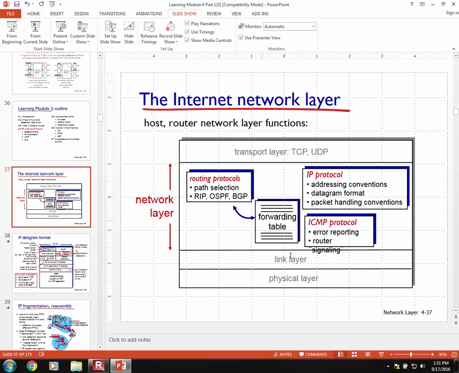There's forwarding, so forwarding tables are built by decisions a router makes as a result of these routing protocols. You also have the IP protocol, which is the addressing that allows communication throughout the network to occur. And you also have the ICMP protocol, which is used both for router signaling and for error reporting throughout the network.